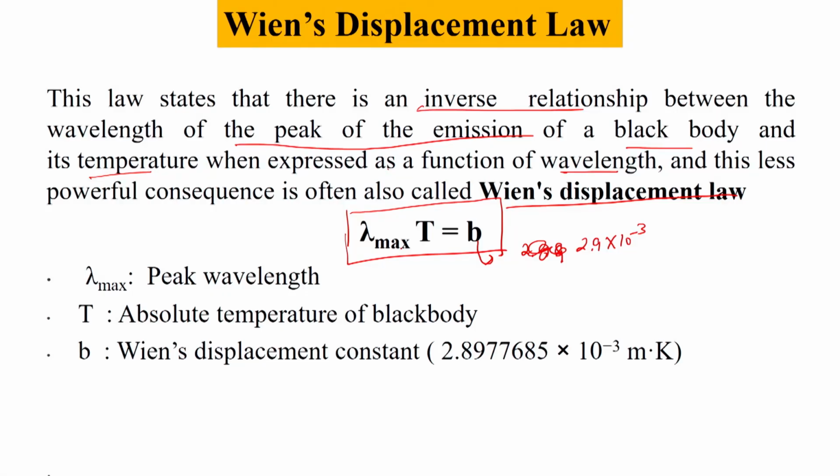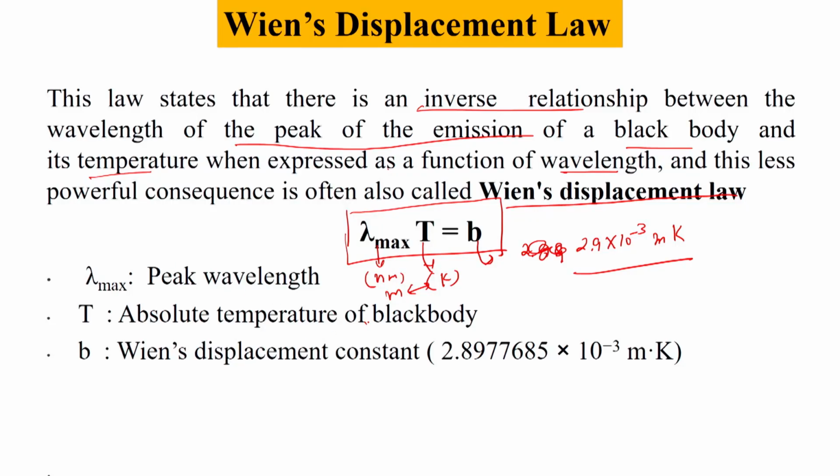Lambda max is here in, say, nanometer, and temperature in Kelvin; or if you write meter, it will be meter Kelvin. So Wien's constant is 2.9 into 10 to the power minus 3 meter Kelvin.